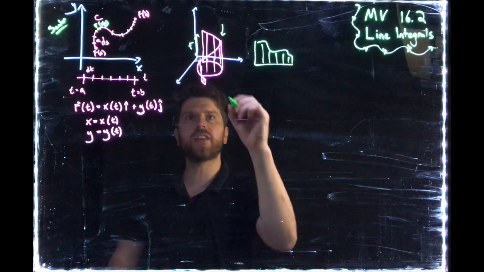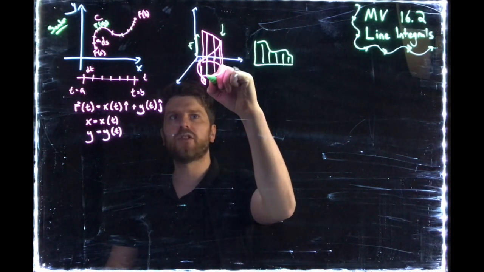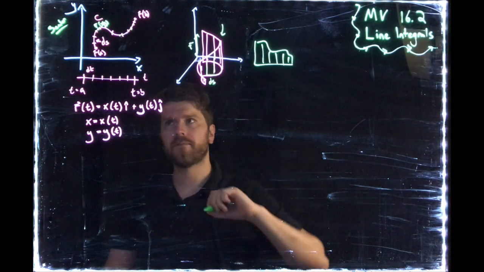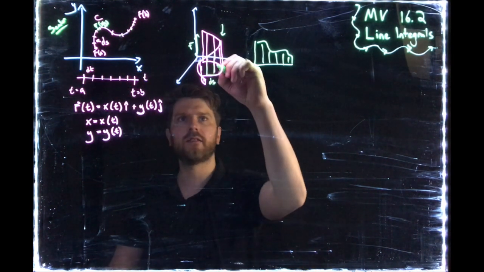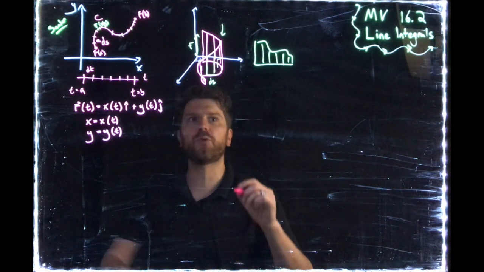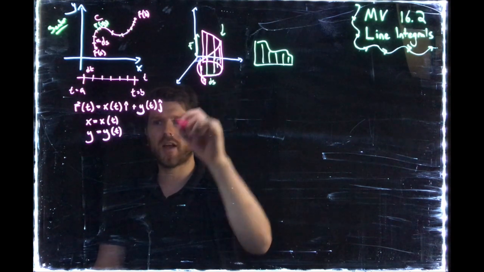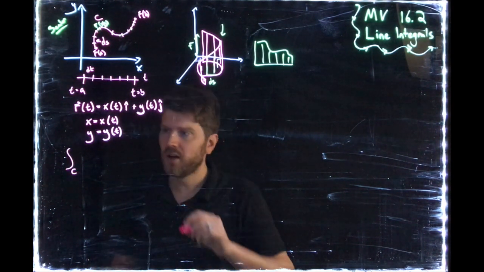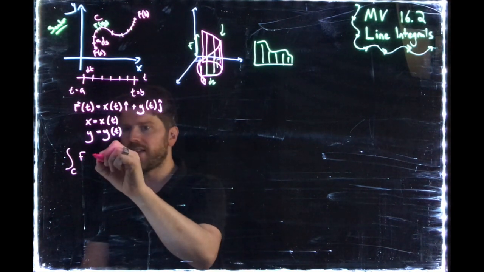Well, in that case, what do I need to put into my integral? Let me take one of these little segments here. It's got a base of ds, which is whatever one of these little bits of arc length is, and a height of f. So when we're doing these integrals, we write them as the integral over our curve of f ds.